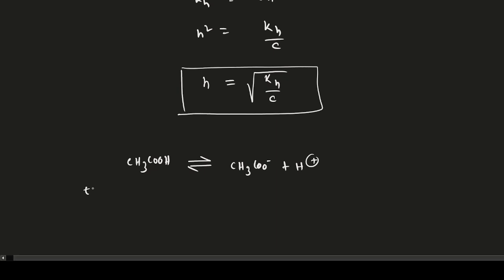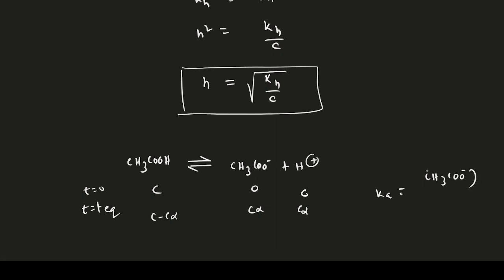At t equal to 0 it is C, then 0, 0, and at equilibrium it is C alpha, and C minus C alpha. Now Ka, if you calculate, is CH3COO minus times H plus over CH3COOH.